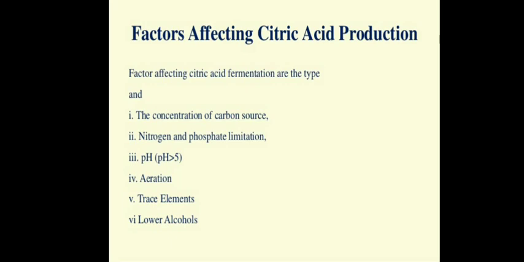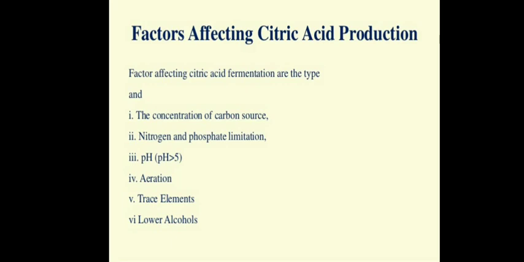If side products are produced in larger amount, then ultimately it adversely affects the citric acid production. Then the third factor which affects the citric acid production is pH. Now, generally, pH below 2 is required for the optimum production of citric acid.